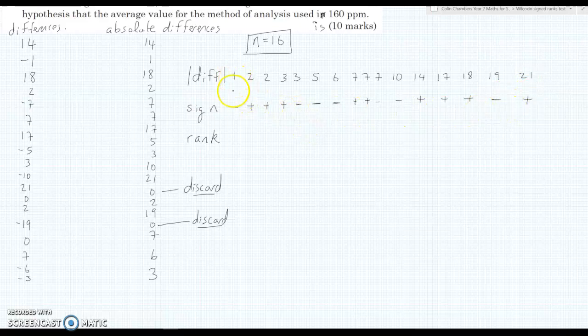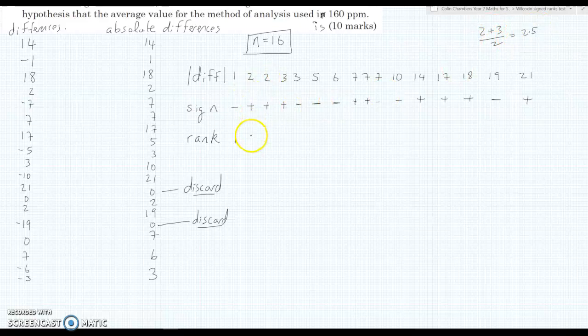So 1 is on its own as the lowest, so that gets a rank of 1. The next two are the same, 2 and 2, so they have the ranks of 2 and 3, but because they're the same, we add the 2 and 3 and divide by 2, and that gives us 2.5.